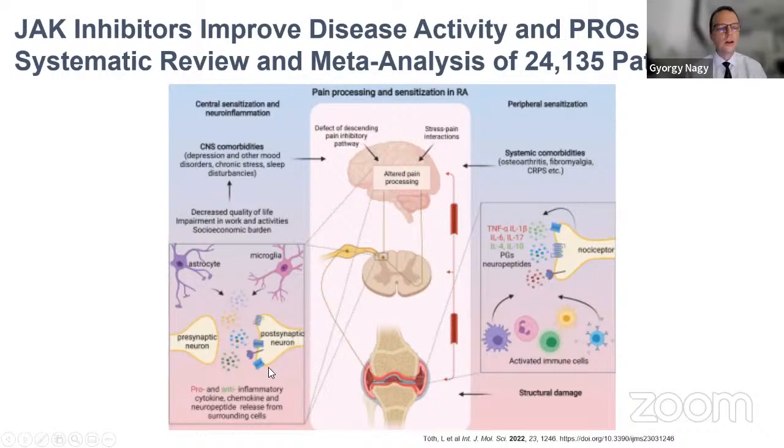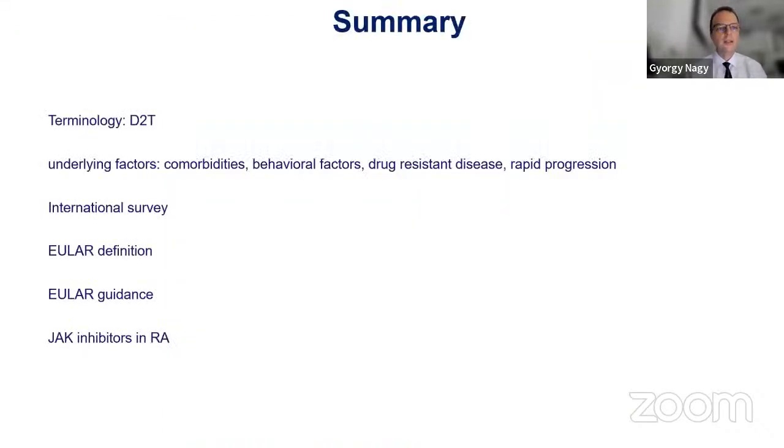But there are other ongoing relevant processes in the CNS as well, which include pro-inflammatory cytokines as well. And altogether, this pain processing mechanism will ultimately define the pain and the pain feeling, but I think we do not understand very much in detail, but we know that some factors are directly related to inflammation and some others are not. But this, I think, deserves further research as well.